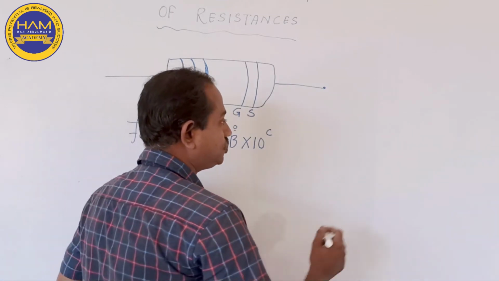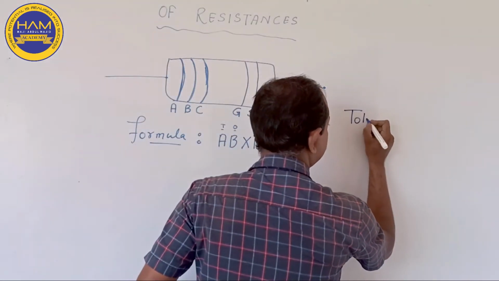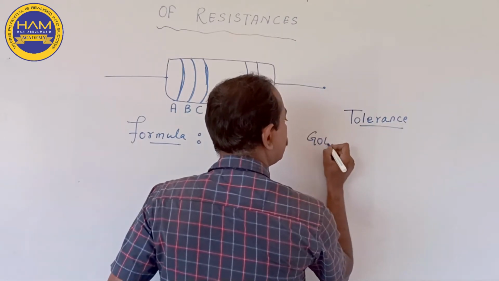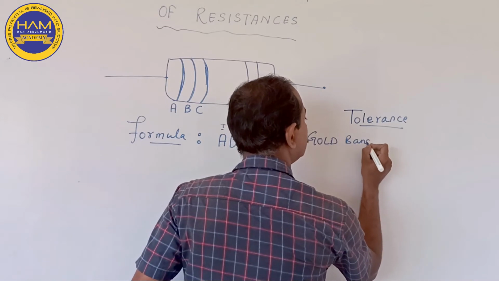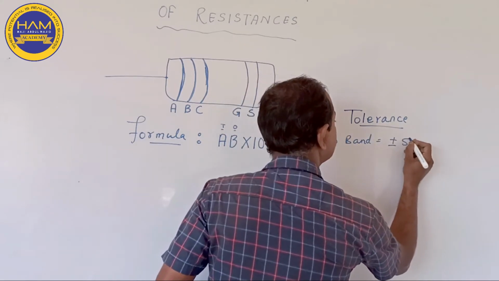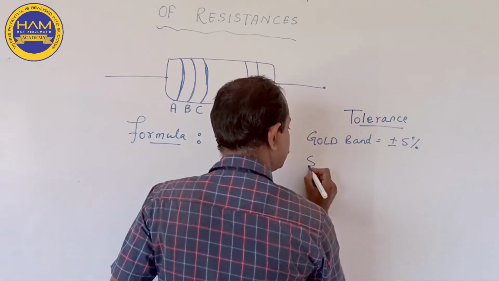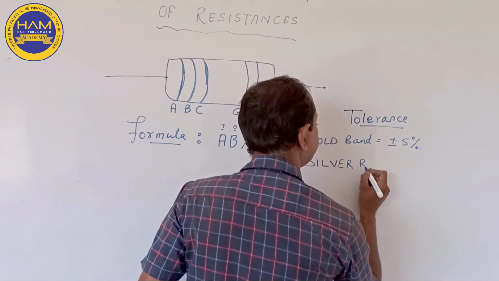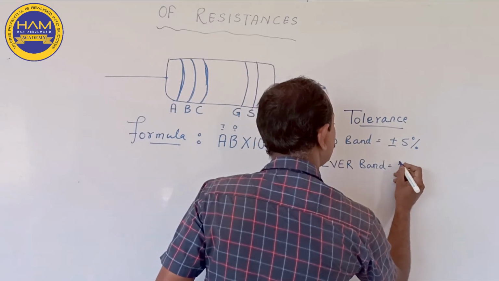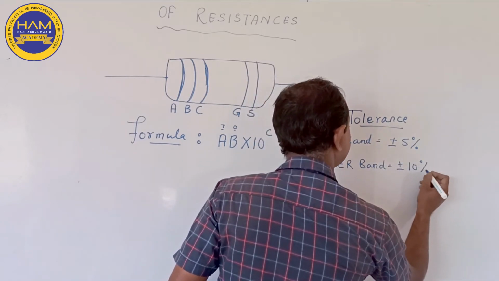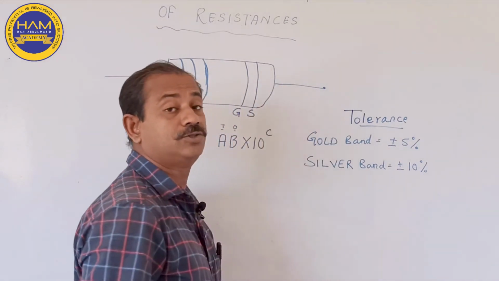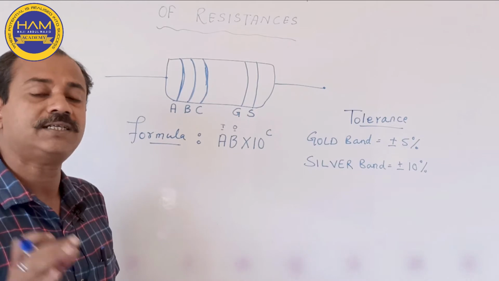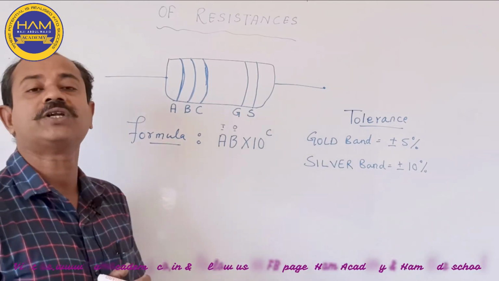Okay, so first of all we will see the tolerance. You have a gold band which gives you plus minus 5% tolerance. Next you have a silver band which provides you with plus minus 10% tolerance. But on the contrary, if you do not have any band, that doesn't mean that the resistance does not have a tolerance.